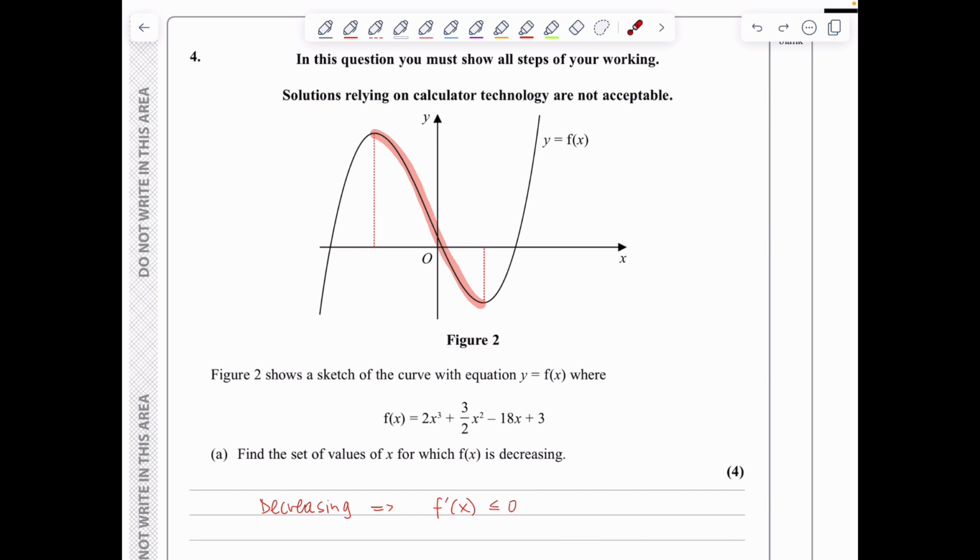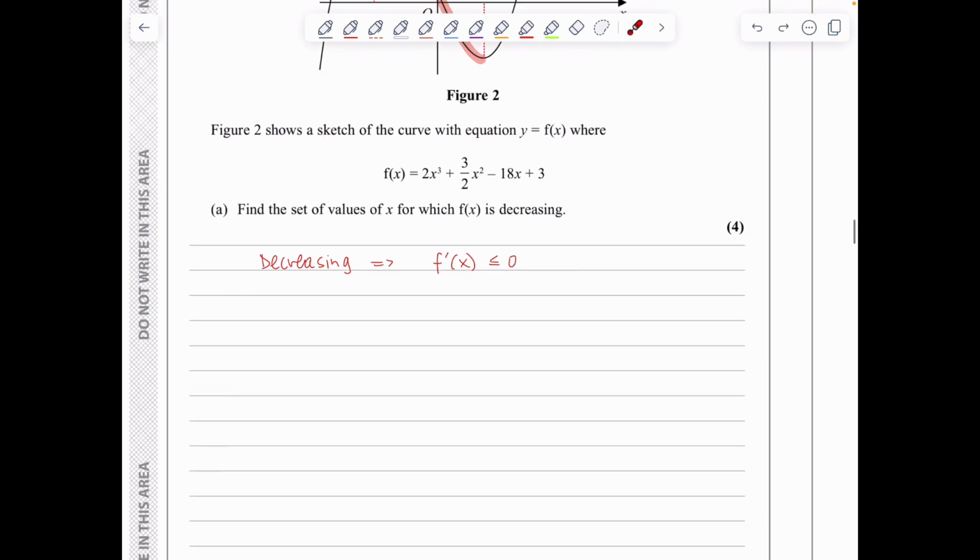And obviously these are the values corresponding to the stationary points, so dy/dx is 0. So let's start by considering f dash of x. When we differentiate, we get the power down and we deduct 1 from the power. This leads to 2 times 3x squared plus 3 over 2 times 2x minus 18, which simplifies to 6x squared plus 3x minus 18.